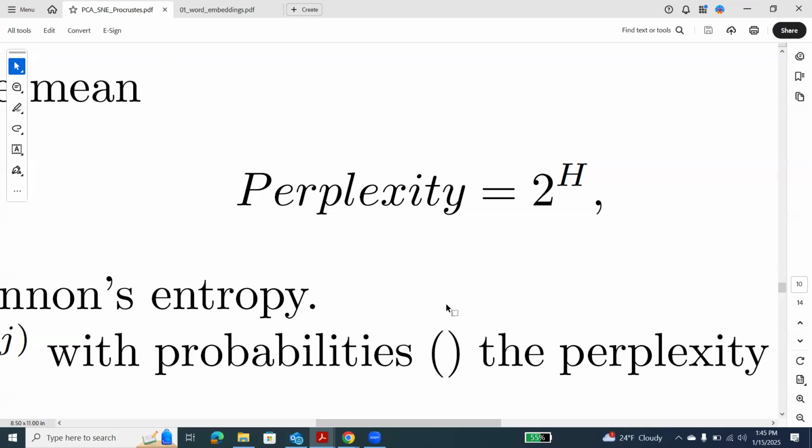What will be the perplexity in this case? How many non-zero probabilities will we have? k. So the sum will be from 1 to k, and the probability will be 1 over k times log of 1 over k.